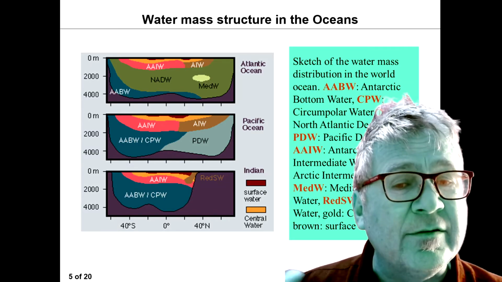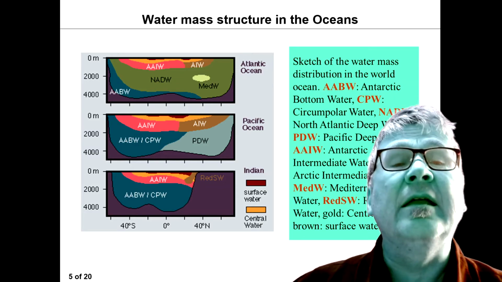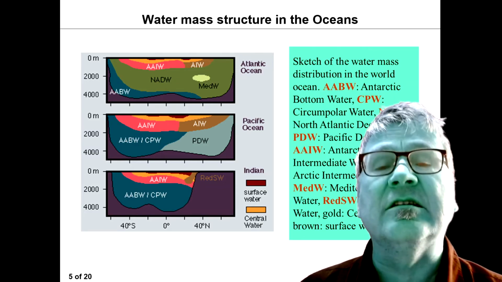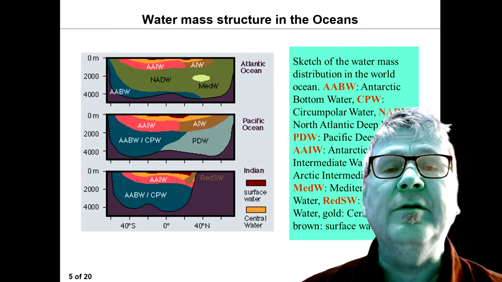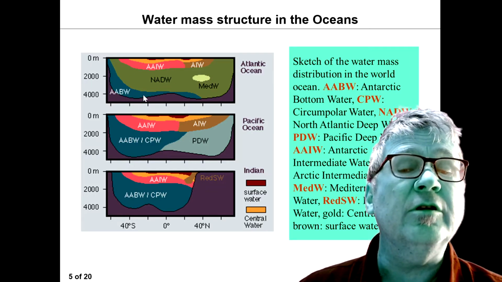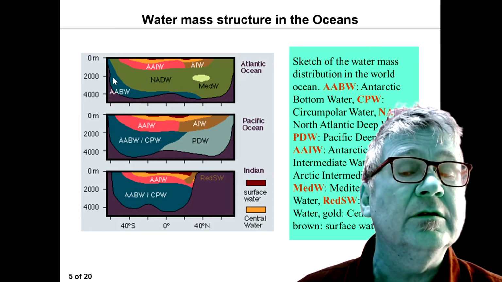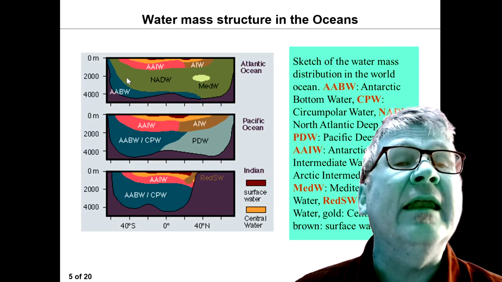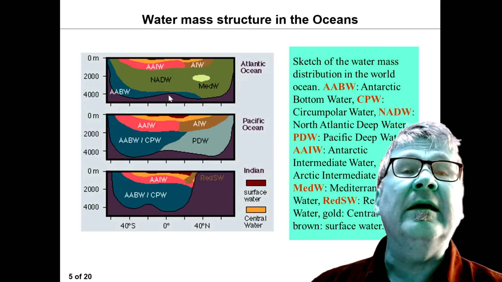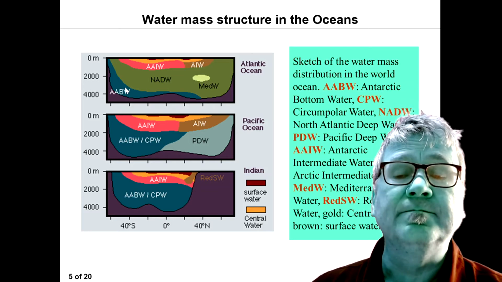You have a cake of the Atlantic Ocean, and you cut it open and then you can identify different layers. For example, near the bottom you find something called Antarctic Bottom Water. It's formed in shallow waters around Antarctica.